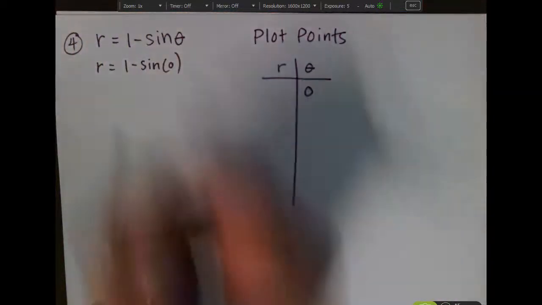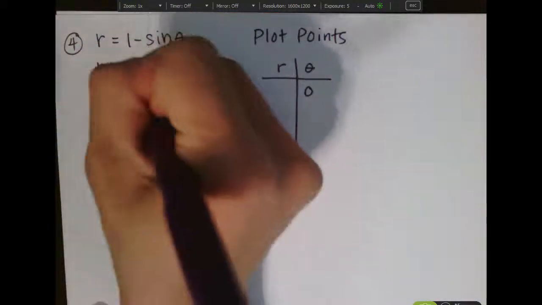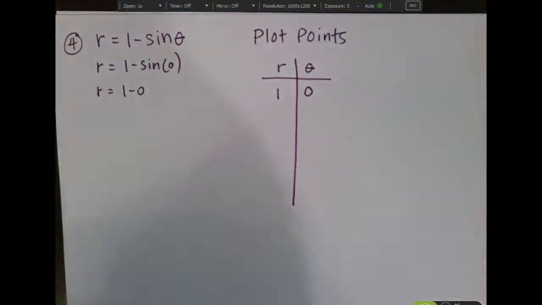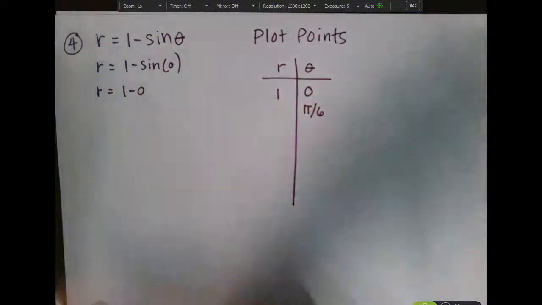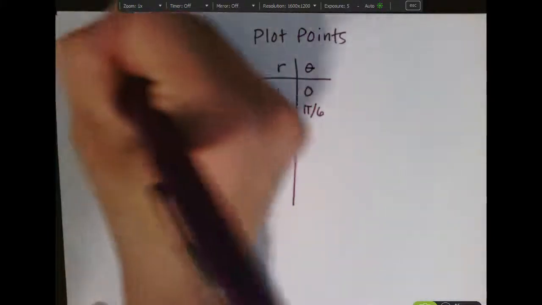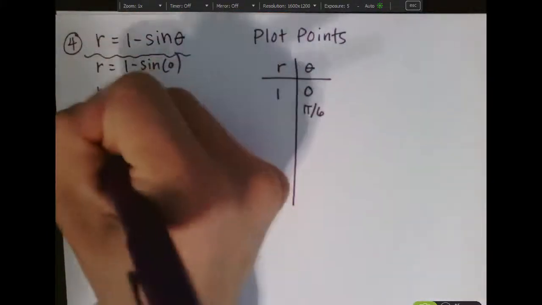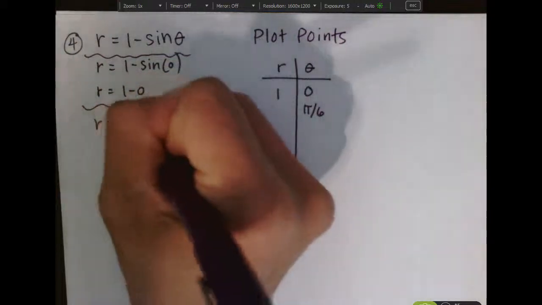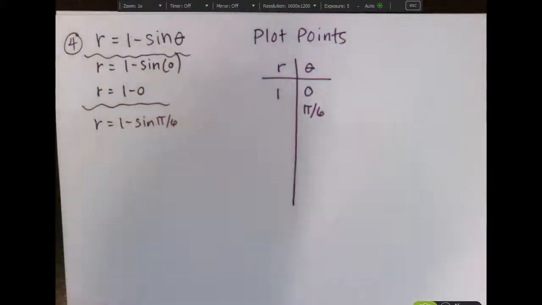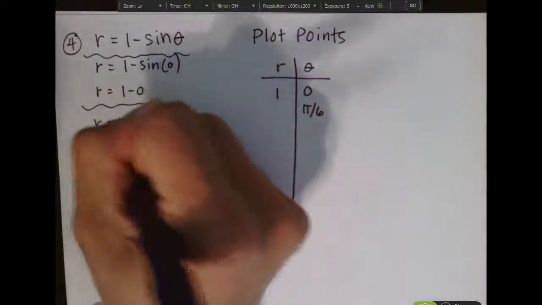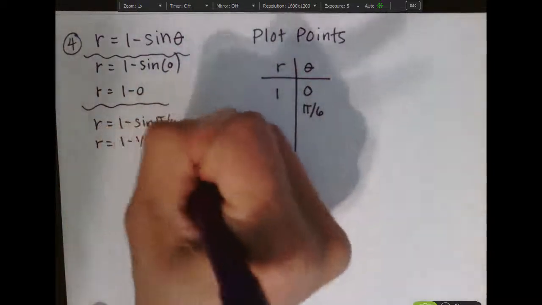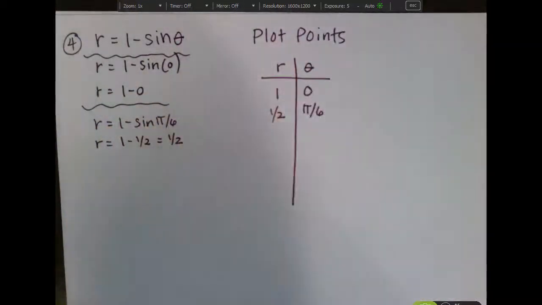The sine of 0 is 0, and my r is 1. Let's try theta equals pi over 6. So I'll get r equals 1 minus the sine of pi over 6, and the sine of pi over 6 is 1/2. So my r is 1/2.